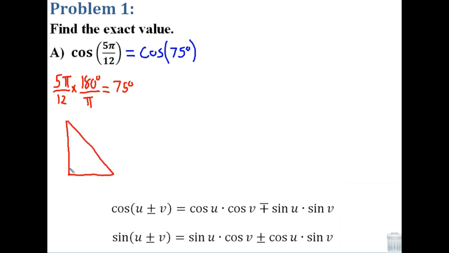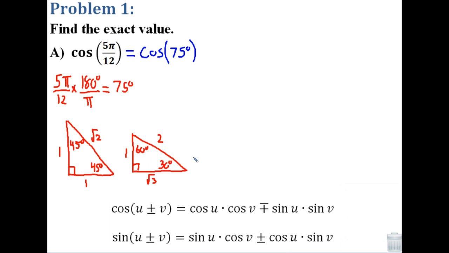Coming from our 45, 45, 90 right triangle, which had sides of 1, 1, and root 2, one of our special right triangles. And then also the 30, 60, 90, with side lengths of 1 across from the 30, root 3 across from the 60, and 2 as the hypotenuse.